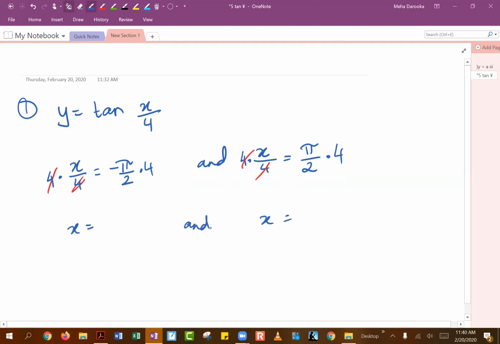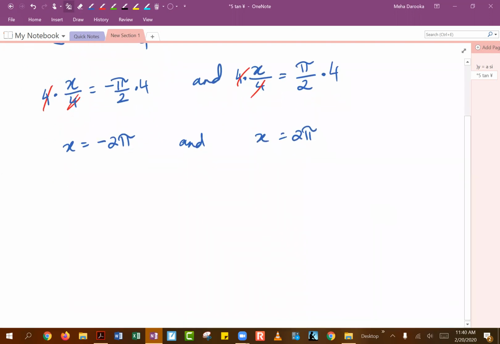And what do we get for x? Because 4 divided into 2 goes 2 times, so you'll end up with negative 2 pi and positive 2 pi. So that's where we're going to have our vertical asymptotes.